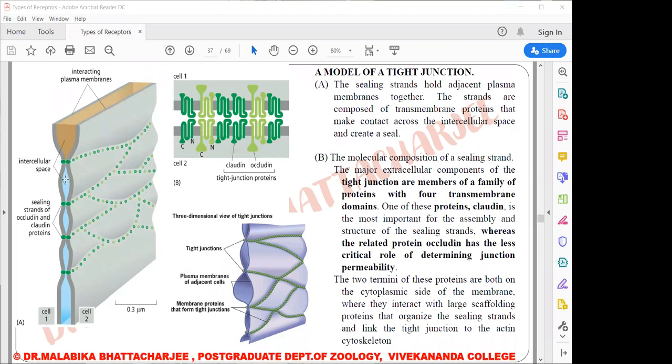This portion of the cell has been magnified and shown here. The 2 proteins are sitting adjacent to each other, and they help in maintaining the junctions. If you look into the junctions, there is hardly any space between the 2 protein sets, so they almost seal the epithelial membranes of the 2 adjacent cells.